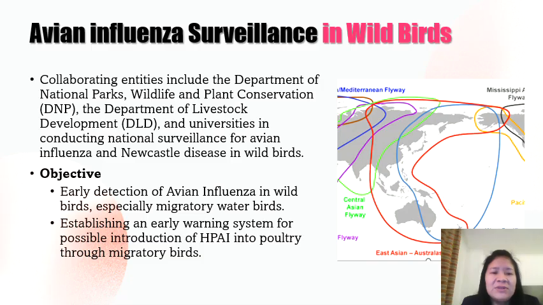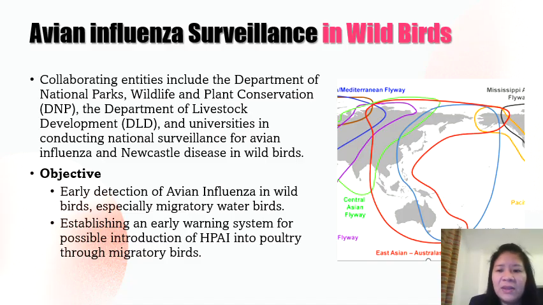Besides surveillance in domestic poultry, we also do avian influenza surveillance in wild birds. This is a collaborating program which includes the Department of National Parks, Wildlife and Plant Conservation, us at DLD, and also other universities, conducting surveillance for Newcastle and avian influenza in wild birds.